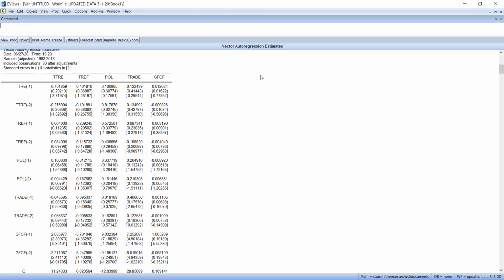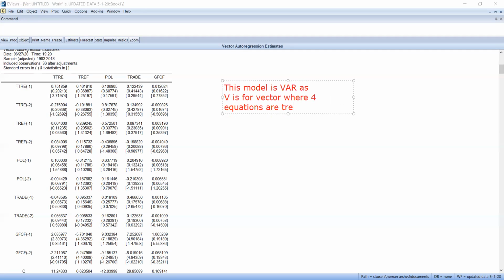So this model is VAR, where V is for vector, where 4 equations are treated simultaneously, and AR is for autoregressive, where all the IVs are in lag form.